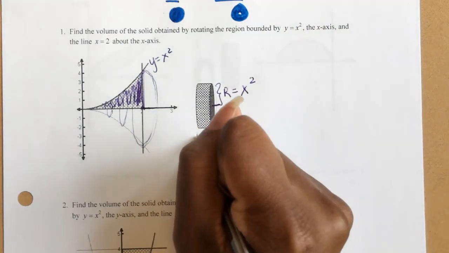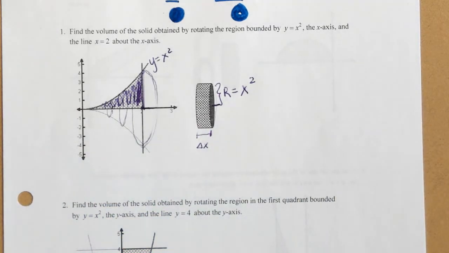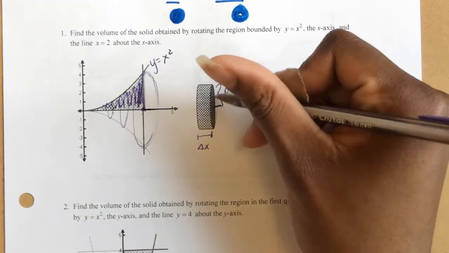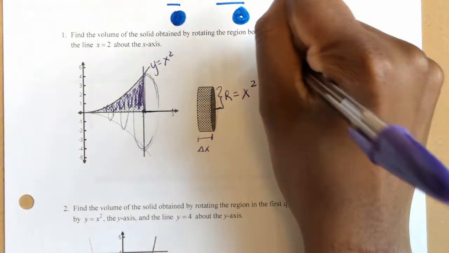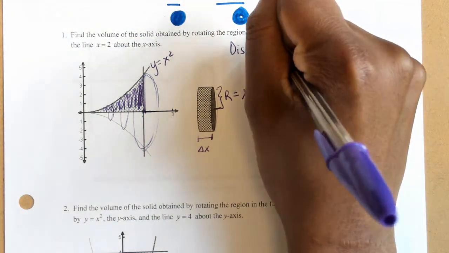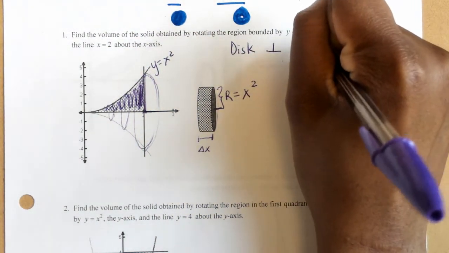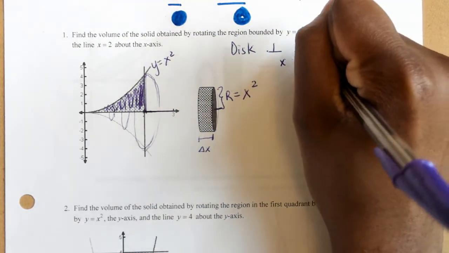Okay, and this space here is just going to be our change of x, or our dx. Okay, so to find the area of our actual disk, because it is going to look like a circle, right? Our disk is perpendicular to the x-axis, so x is the variable.